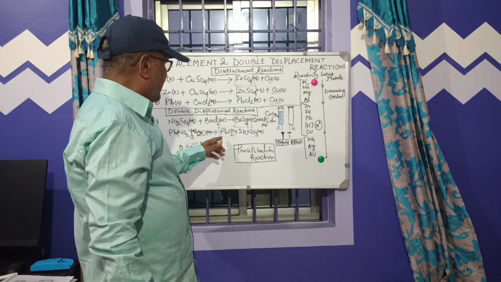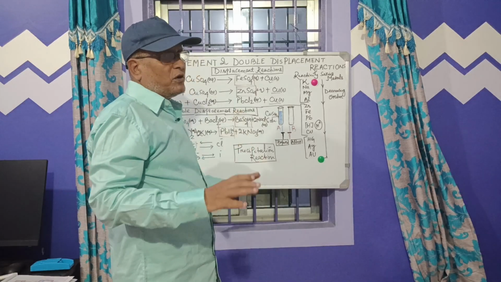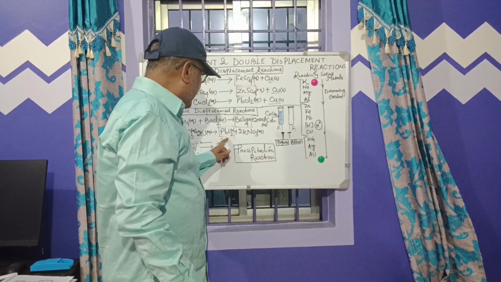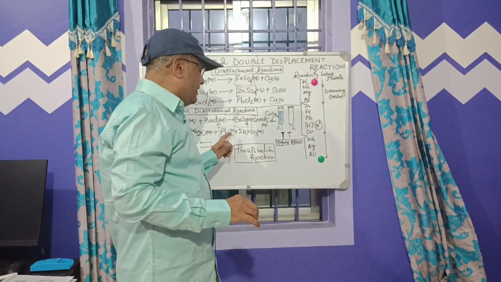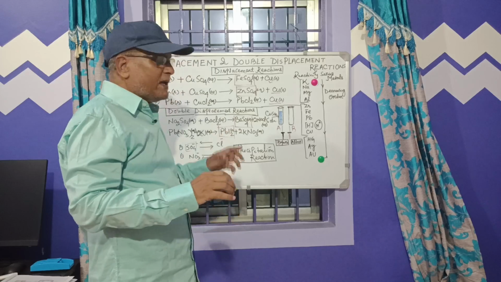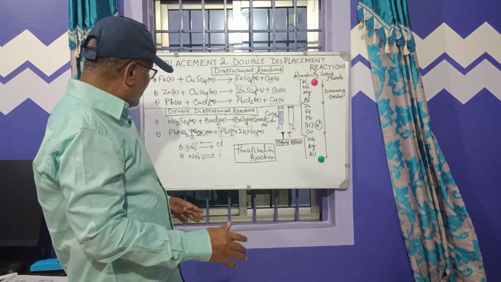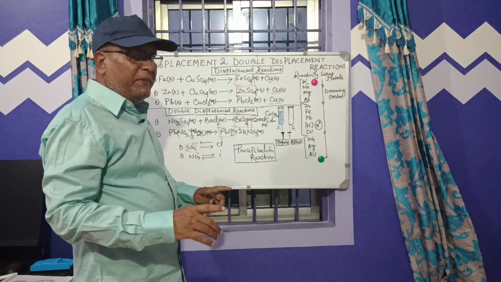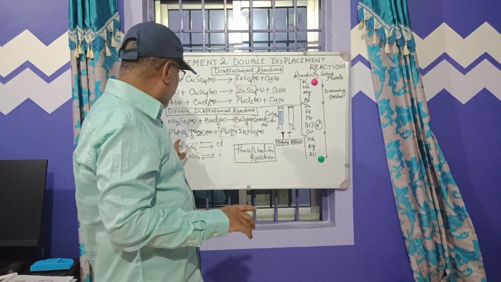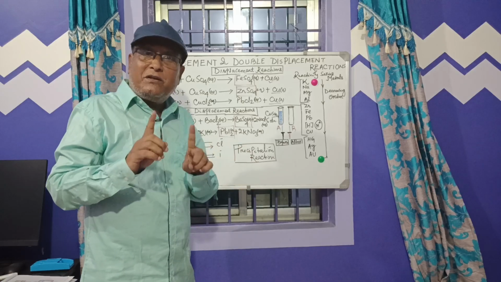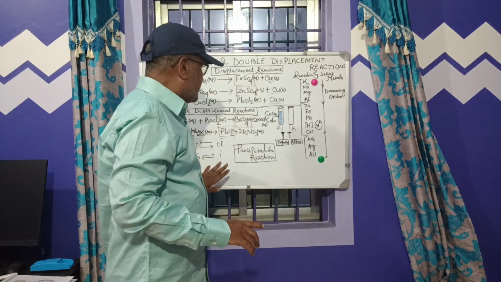Lead iodide is a yellow precipitate, a yellow solid, insoluble in water. So this is also an example of a precipitation reaction. And we can say it is also double displacement because exchange of ions takes place between the reactants. This is the key concept of double displacement reaction.